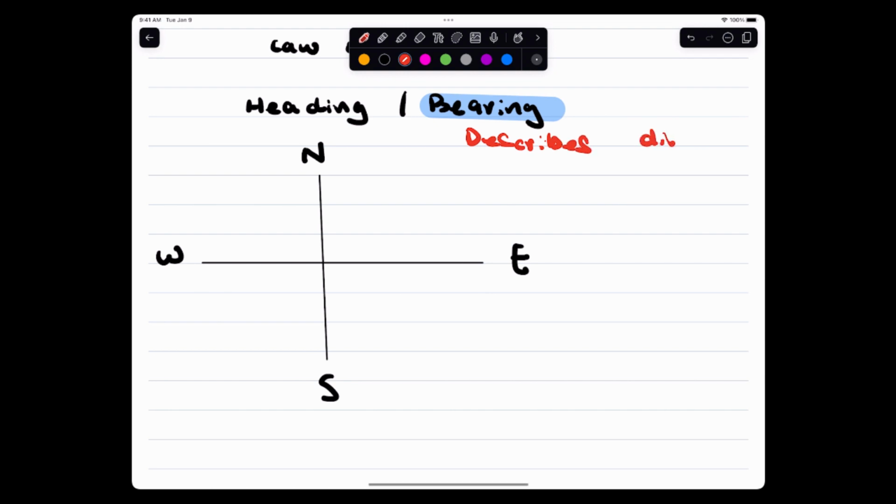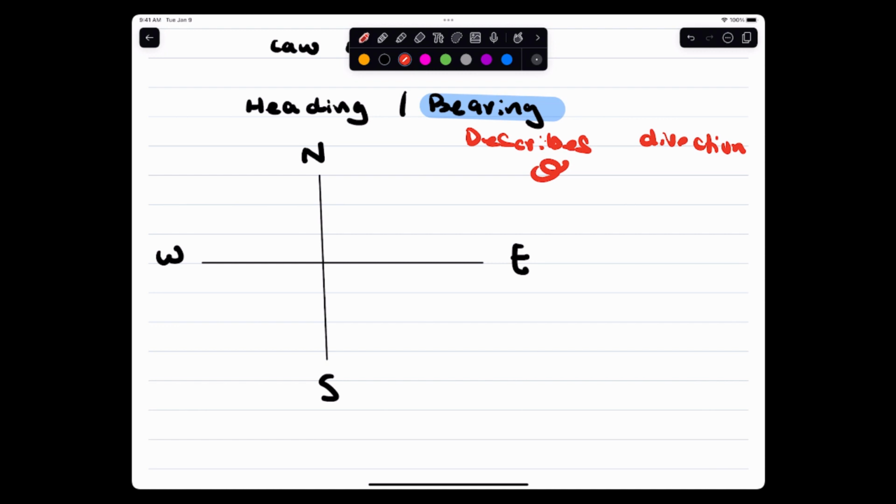So this bearing here describes direction, and we got to be more specific. It's direction in terms of an angle theta.